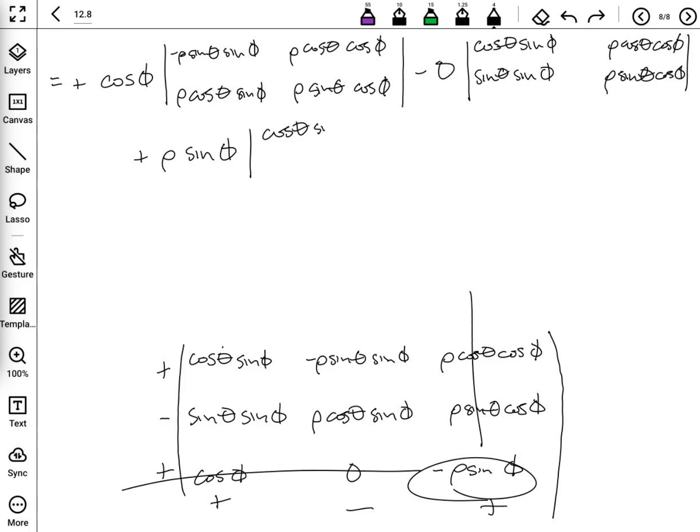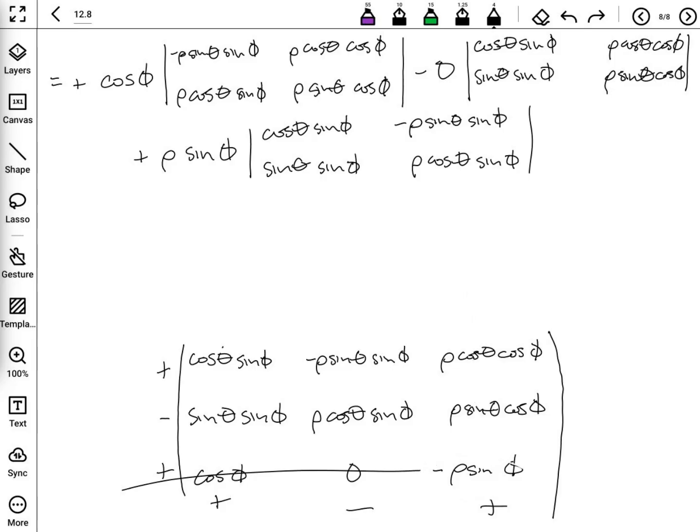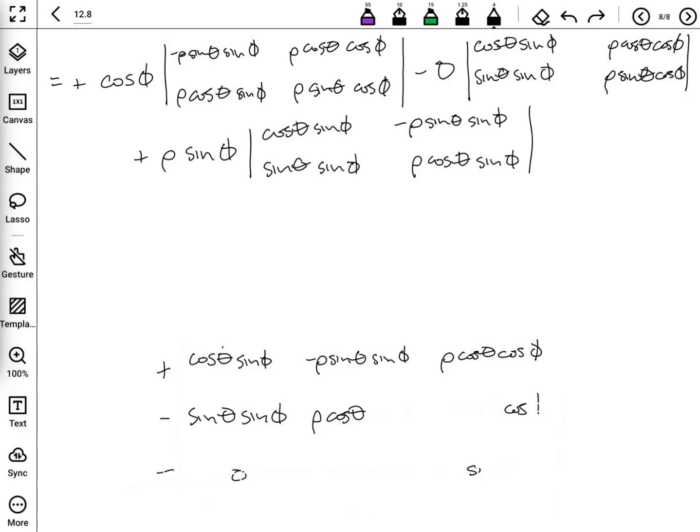Cosine theta sine phi, minus rho sine theta sine phi, sine theta sine phi, rho cosine theta sine phi. Okay. And now that I've written all this down, I'm going to just go ahead and erase that whole old determinant that I had put on the page for us.